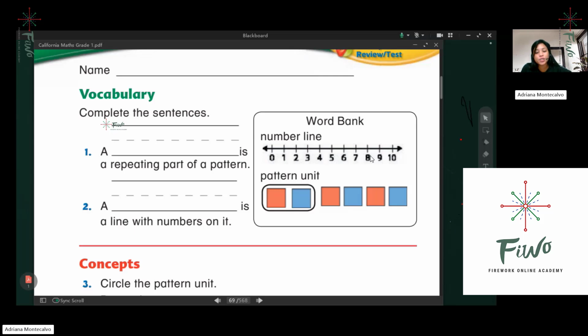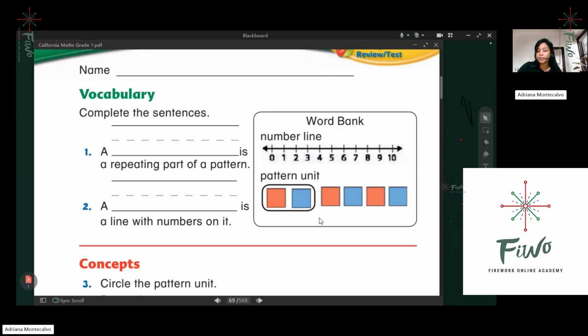complete the sentence, Kong. A blank is a repeating pattern. A blank is a repeating part of a pattern. What is this, Kong? You choose your words over here.